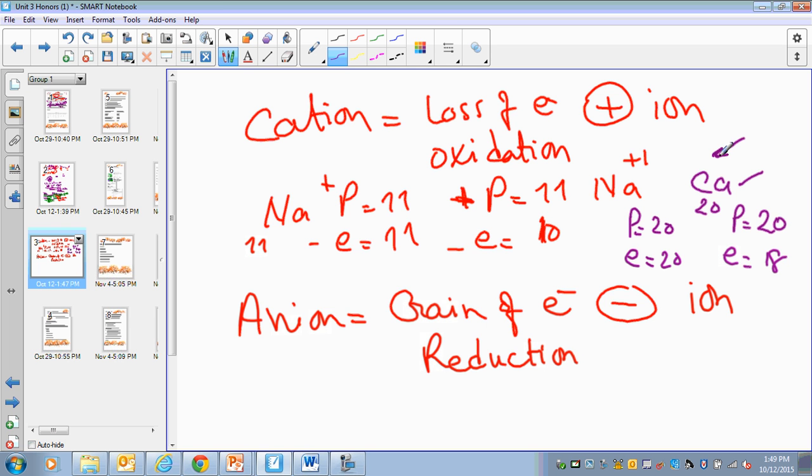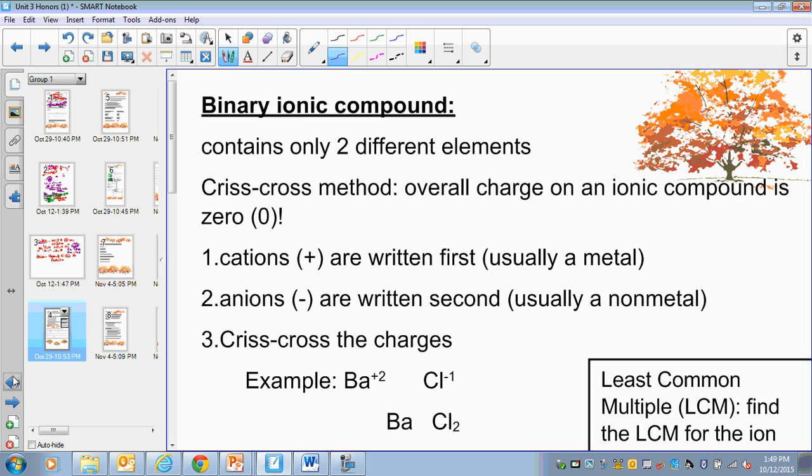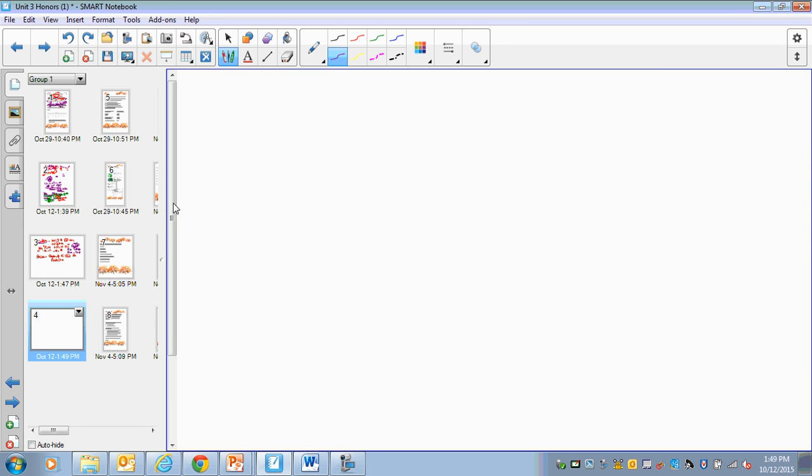After the loss of these 2 electrons, calcium has 2 extra protons on it, so it will have positive 2. This is why you have a positive charge. We call it a cation, a positive ion, and it shows the oxidation number. So when you write sodium positive 1 or calcium positive 2, this is called the oxidation number.